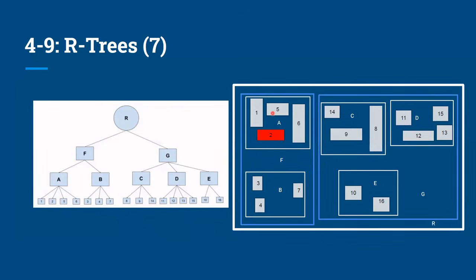How would our tree finally look then? Well, this is our tree. We've got the 2 here, and here is just another illustration of the tree using our minimum bounding boxes. How would our tree be any different after the deletion of 2? Well, we deleted 2. Would we need to make any adjustments?